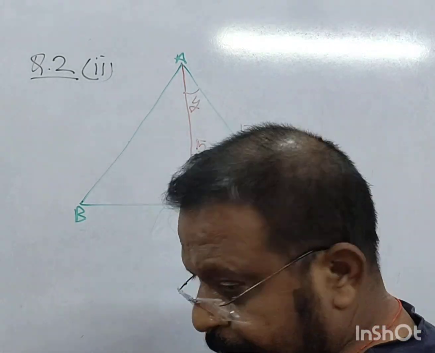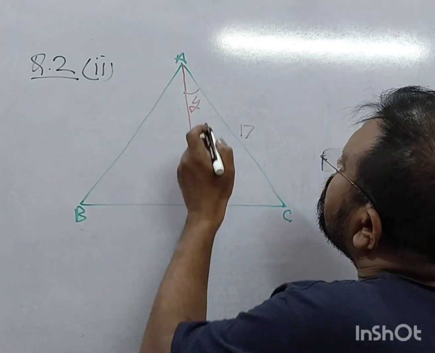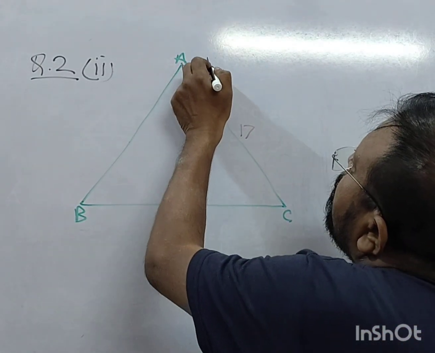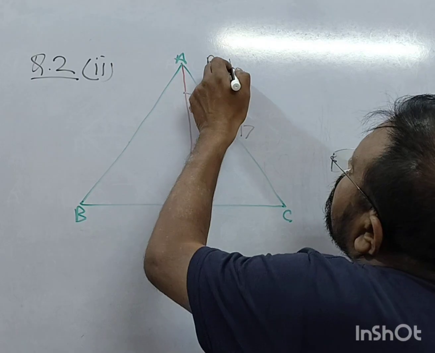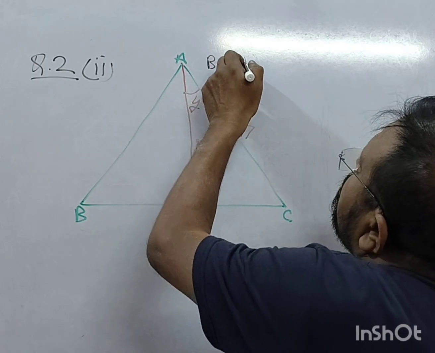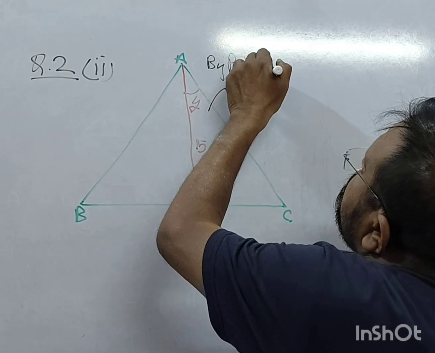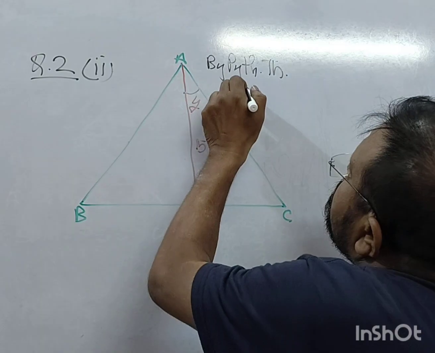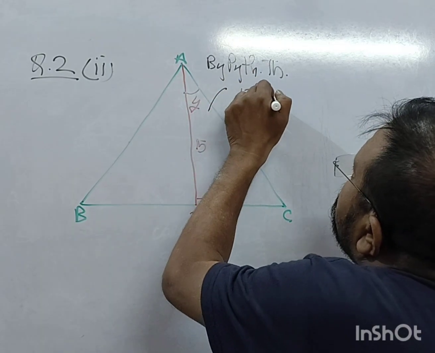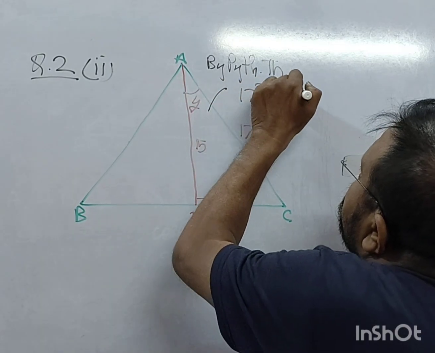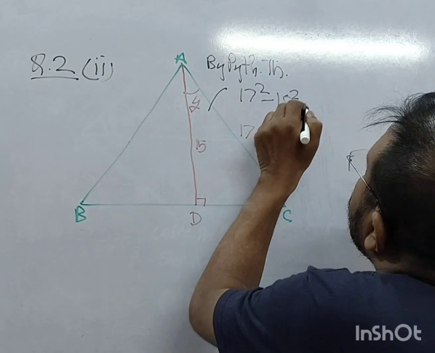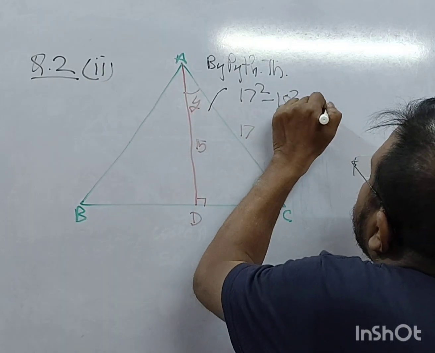So by Pythagoras theorem, 17 square minus 15 square is equal to DC square.